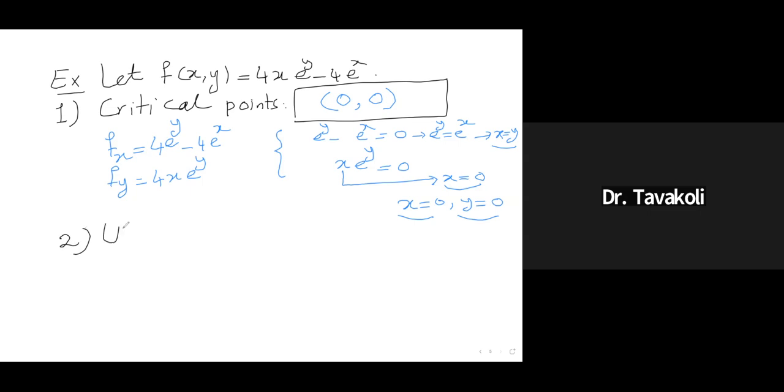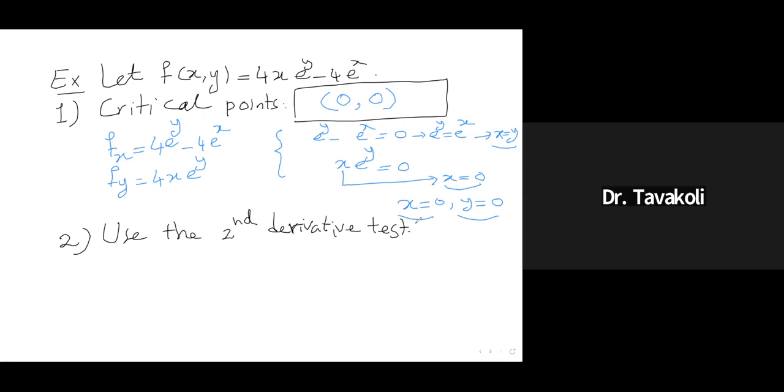Now I want to use the second derivative test to determine whether we have local max, local min, or saddle point. Since it's only one critical point, only one of those happens.